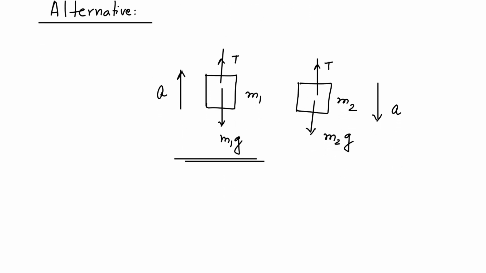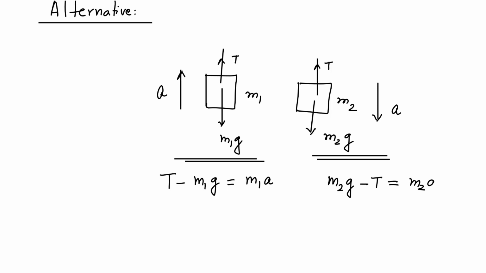So now you can write the equation of motion for each block. For this, because this is going in the upward direction, we can write T minus m1g is equal to mass times acceleration. For this block, this is going in the downward direction, so I am taking downward direction as positive: m2g minus T is equal to mass times acceleration.